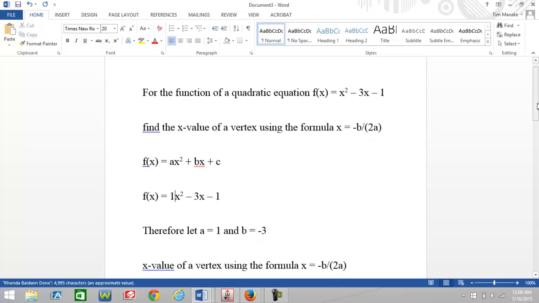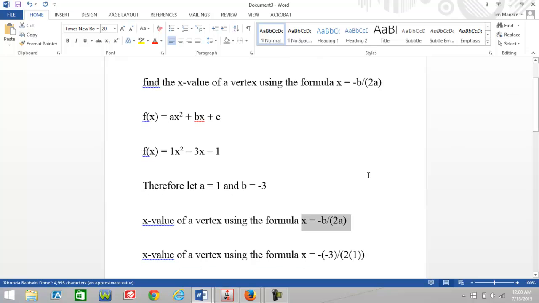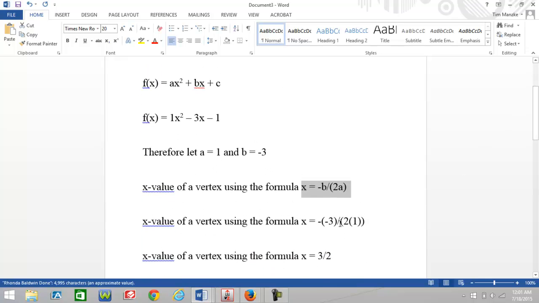Using this formula, x equals negative b divided by 2a, we replace b with negative 3 and a with 1. Simplify this. You've got a double negative, which gives you a positive 3. You'll have 2 in the denominator, so you have an x-coordinate of 3/2.